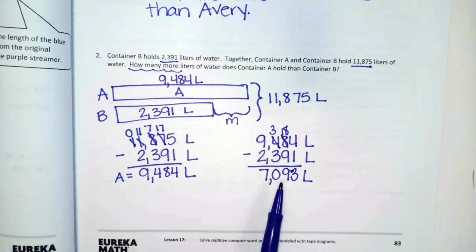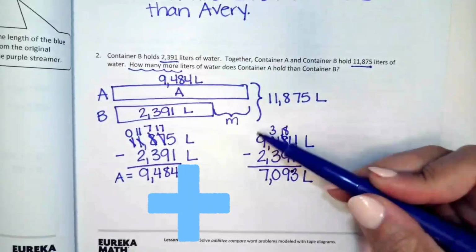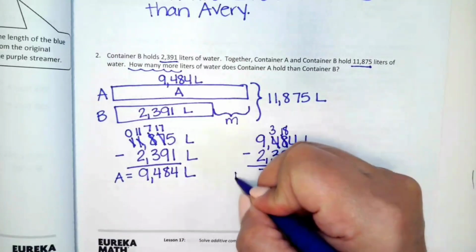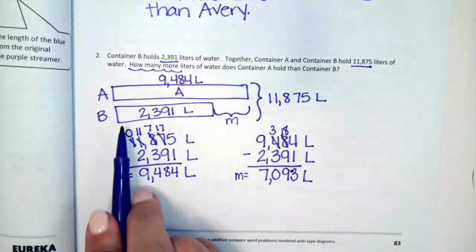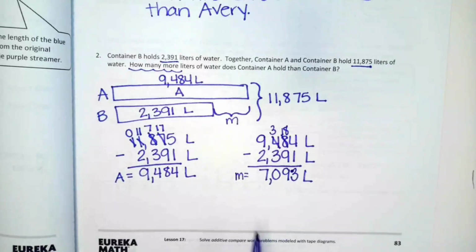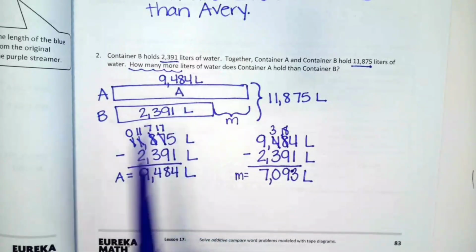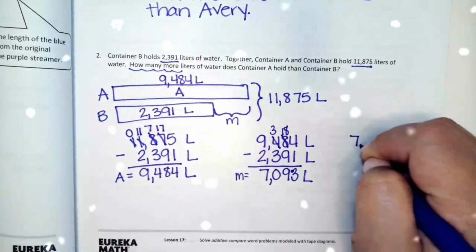Now we need to check our work. Remember, we check our work by adding. So we have to add what we got for M, 7,093, plus 2,391, and then see if it equals 9,484. So let's add and check.